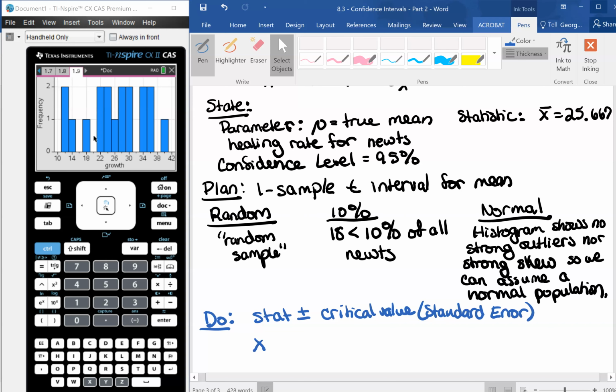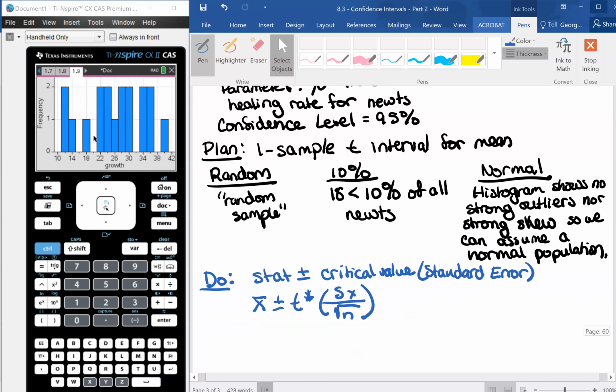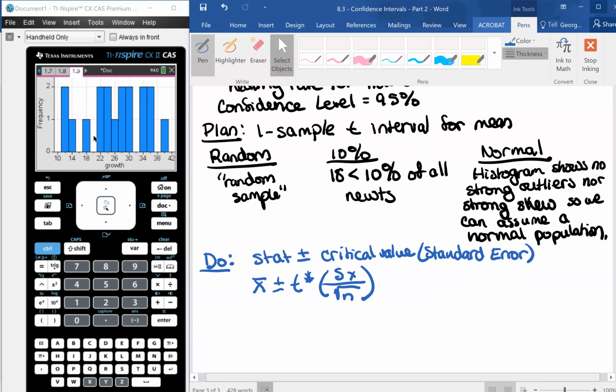In symbols, that's x bar plus or minus t star times sx over the square root of n. Alright, we found x bar at the very beginning, so that was 25.667.